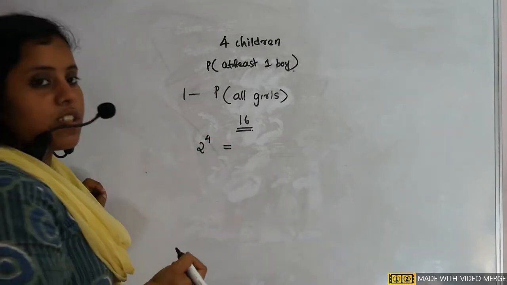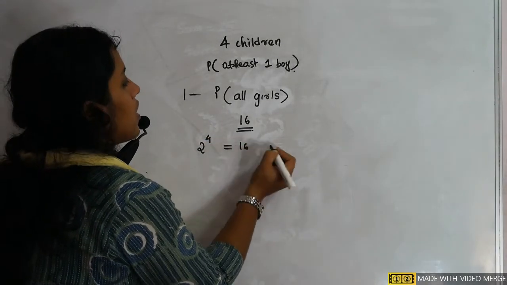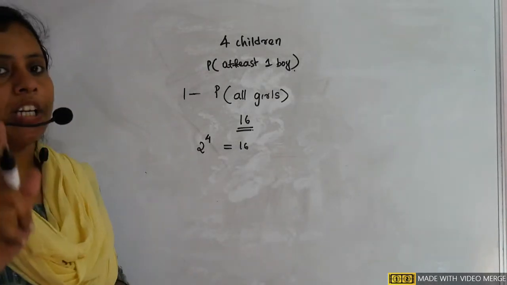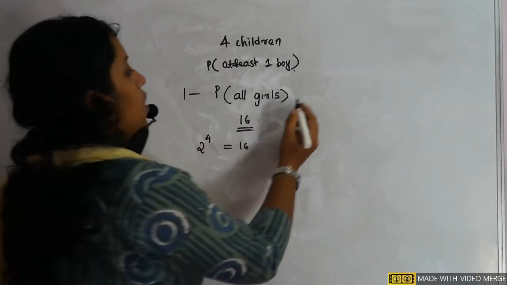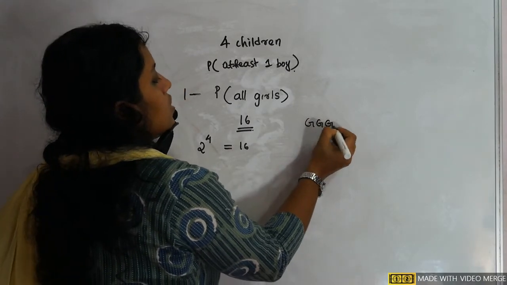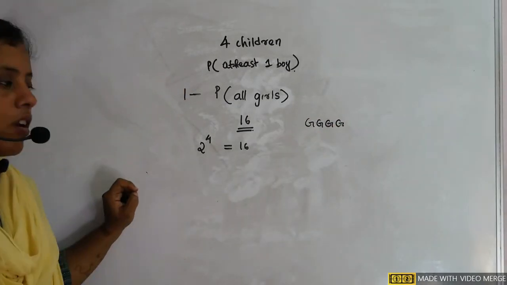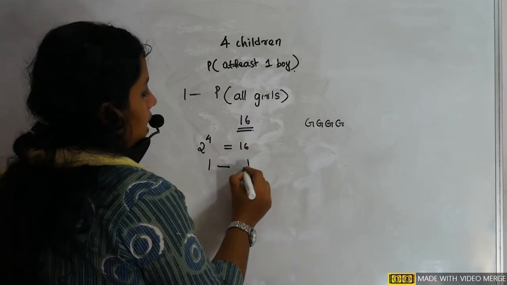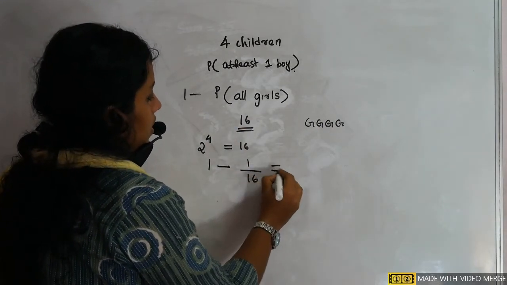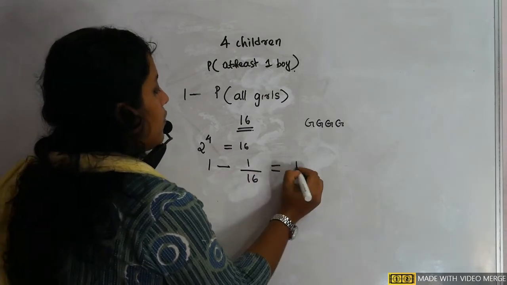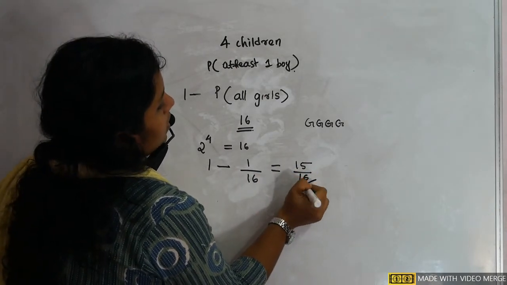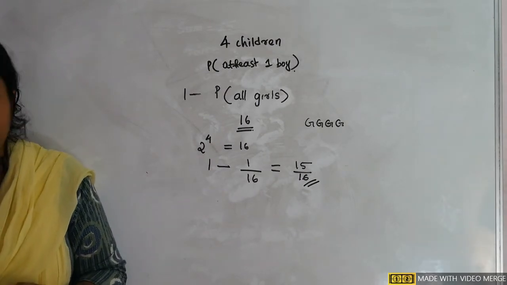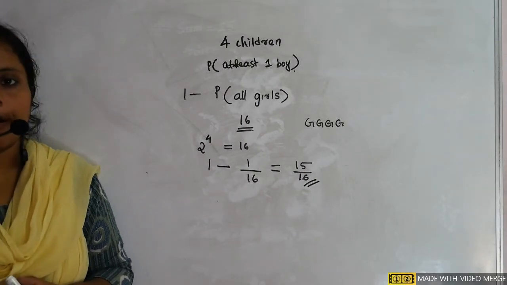Out of them, all girls means only one condition, G, G, G, G. So 1 minus all girls means 1 minus 1 by 16, that is 15 by 16. So this is the required probability of at least one boy, 15 by 16.